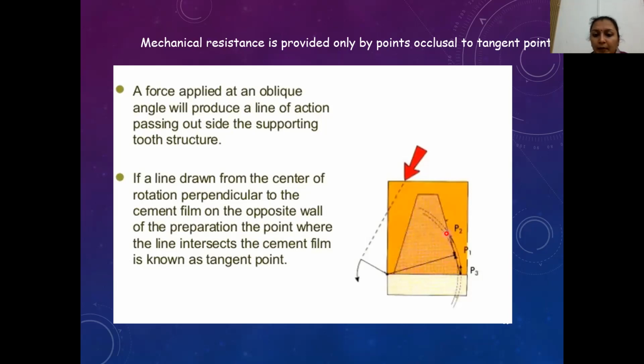This P2 and all points occlusal to P1 are subjected to compression, which is better tolerated by the restoration if it is long. Now, at this point P3, the cement film is subjected to tension. All the points apical to P1 are subjected to tension. The mechanical resistance is provided only by the points which are occlusal to the tangent point.